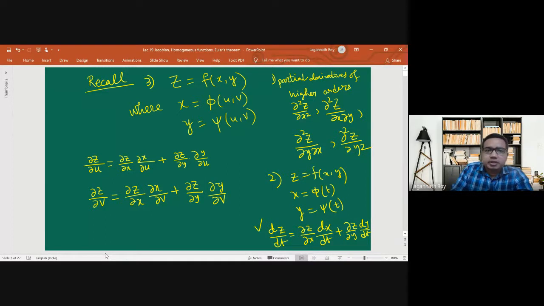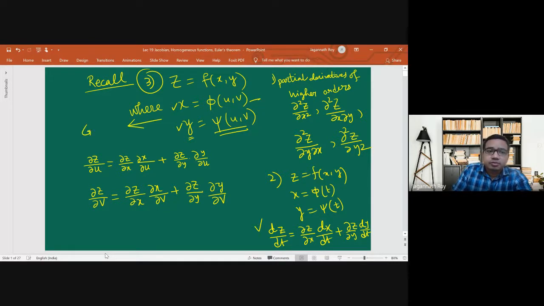Third thing we have seen, if we have this type of function where x and y are functions of u comma v, phi of u, v and psi of u, v.